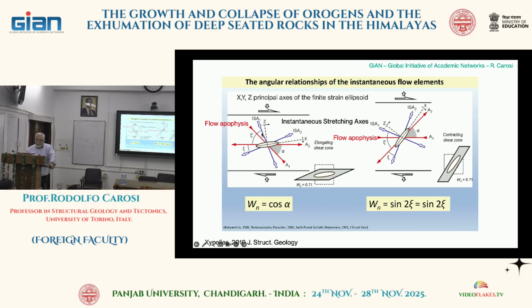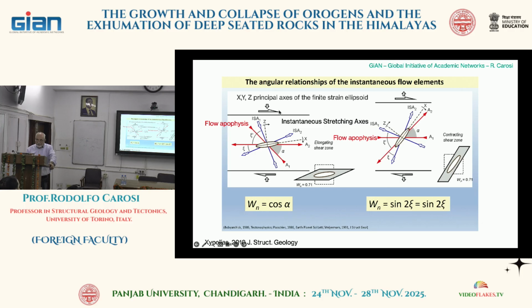what is the difference between this and this one? What difference do you see? The angle alpha is changed and also the A2 apophysis is rotated in this position. And you can see also this arrow.